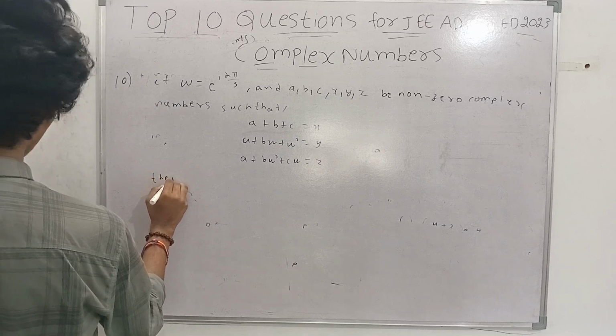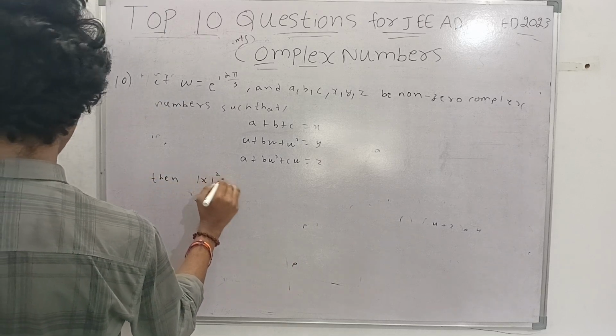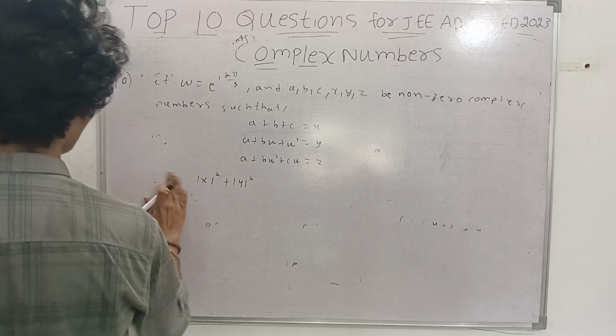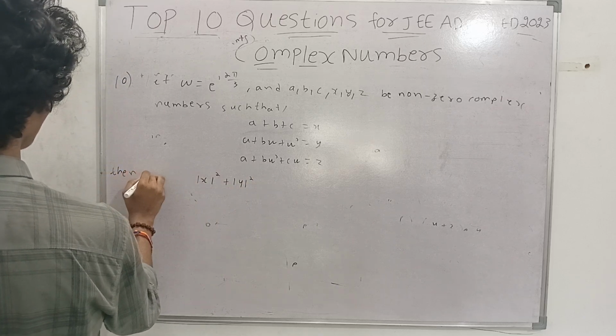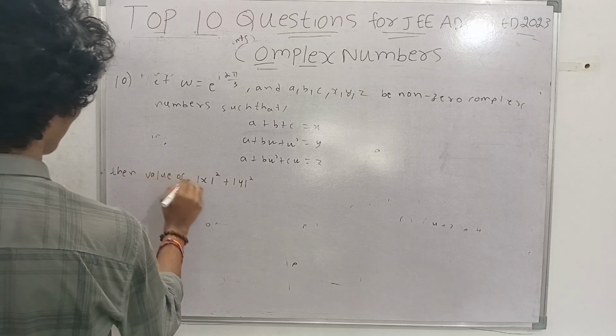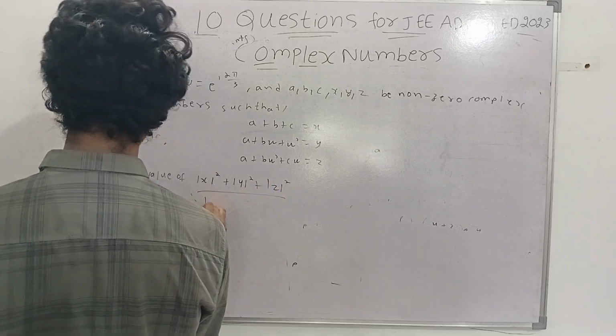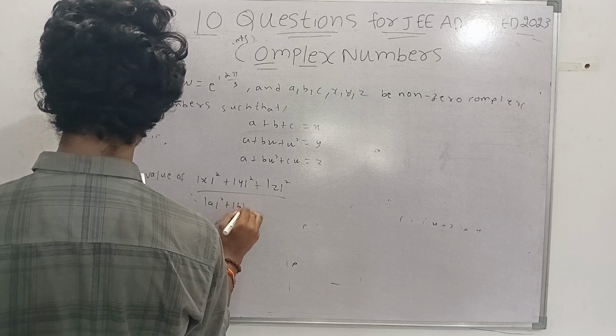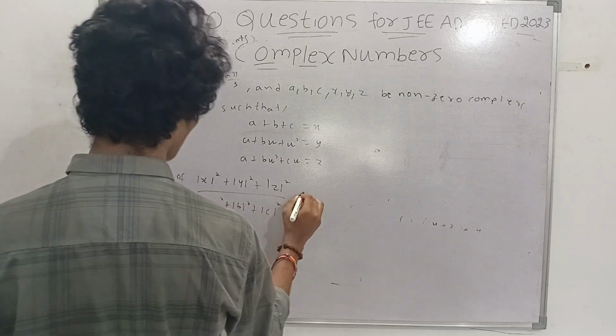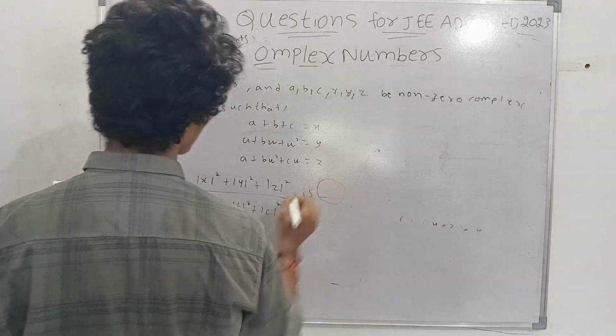Now they are asking the value of mod x square plus mod y square plus mod z square divided by mod a square plus mod b square plus mod c square equals how much?